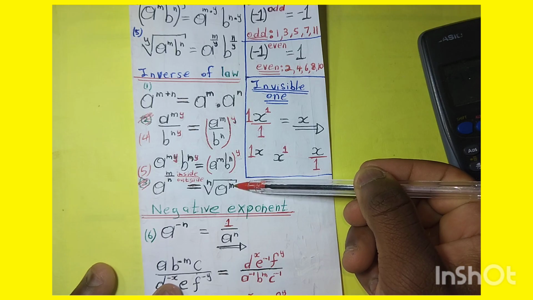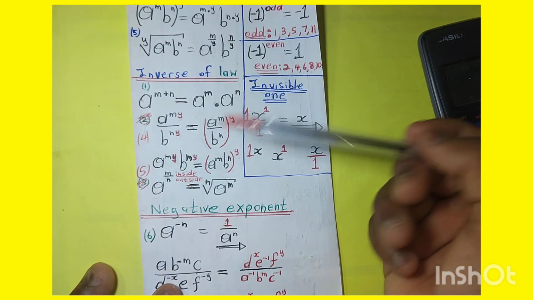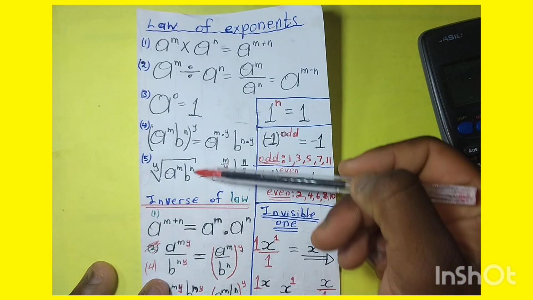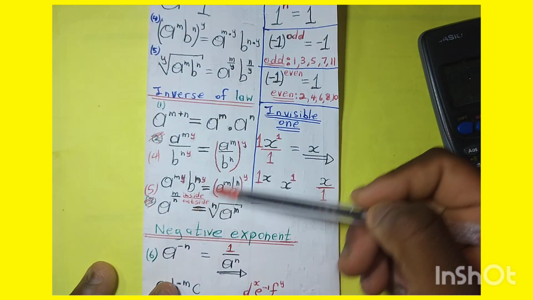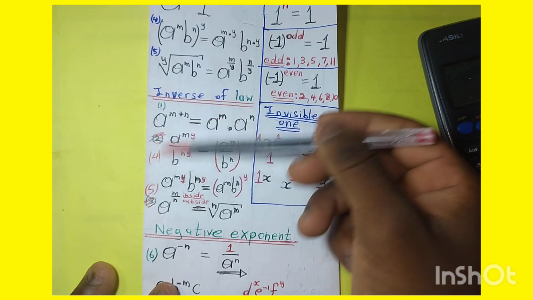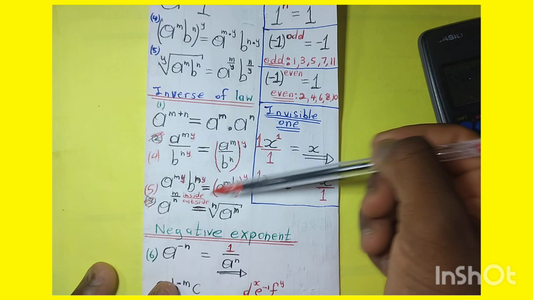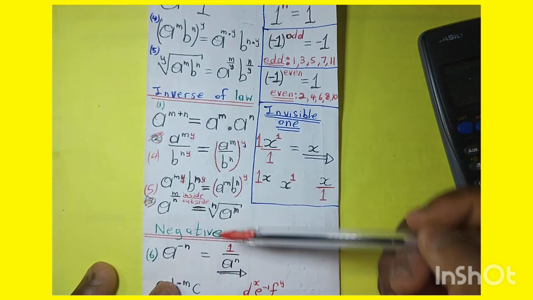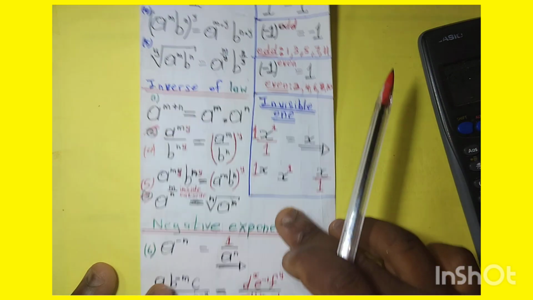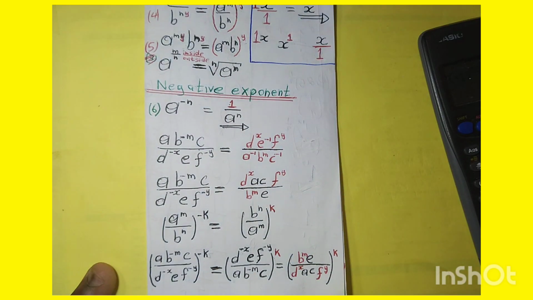Do you see? So if you only understand this, it will be easy for you to know those ones. And it will be much more important for you to know them when you are dealing with difficult questions. And now let me go with the crucial law.